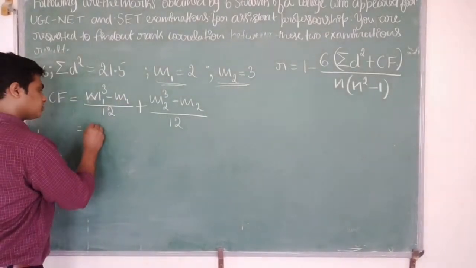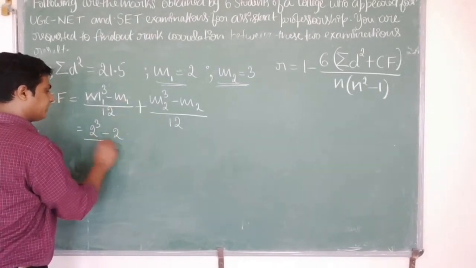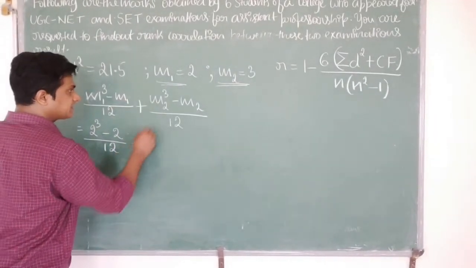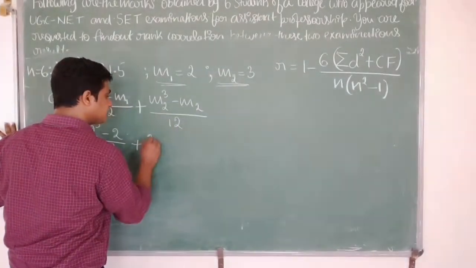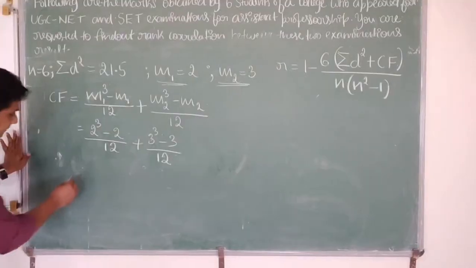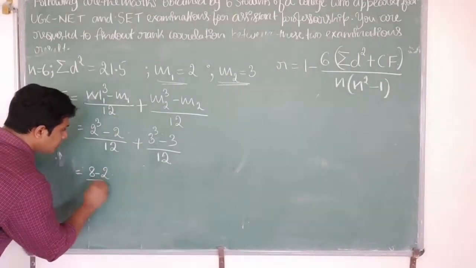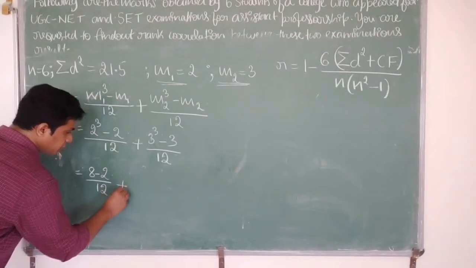So let me substitute these two values. m1 was 2, so 2 cube minus 2 divided by 12, plus m2 was 3, so 3 cube minus 3 divided by 12. Let us find out the value. 2 cube is 8, 8 minus 2 divided by 12, this is our first component.